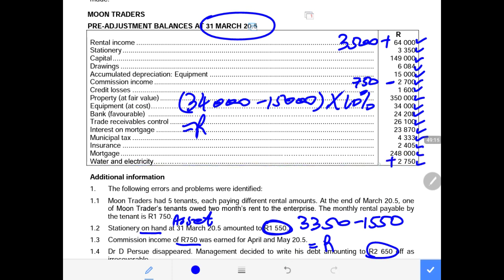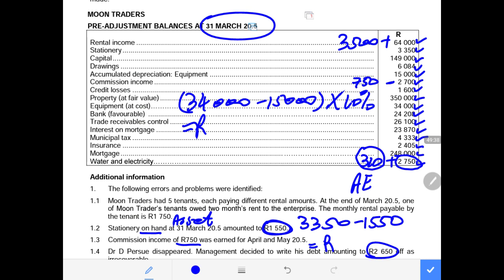We're supposed to say plus 310. We paid only 2,750. The 310 was not yet paid, but it was supposed to be paid. Therefore, it becomes an accrued expense. Expense not yet paid. That means we need to add the 310. Why? Because it was supposed to be paid, because it is for the current accounting period.